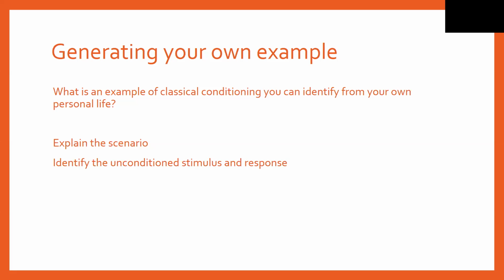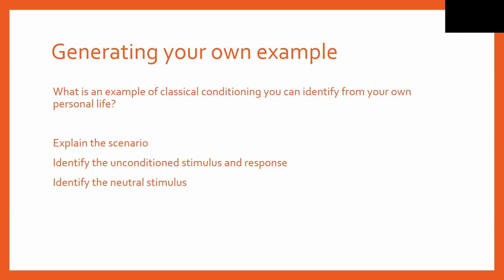In your example, I want you to try to clearly identify the unconditioned stimulus and the unconditioned response. Remember that the unconditioned response is the easier one to start with. It's the reflex that's automatically happening, the behavior that's automatically happening. Then you should try to identify the neutral stimulus.